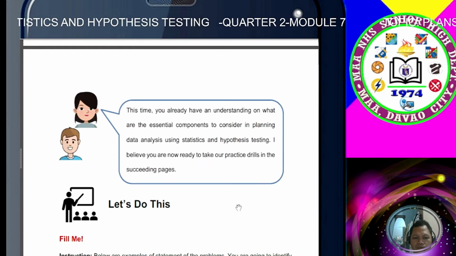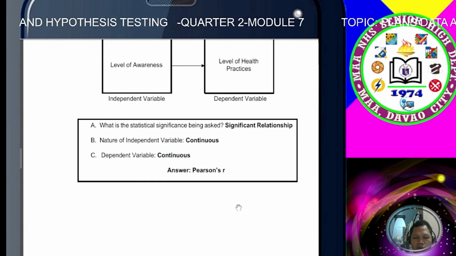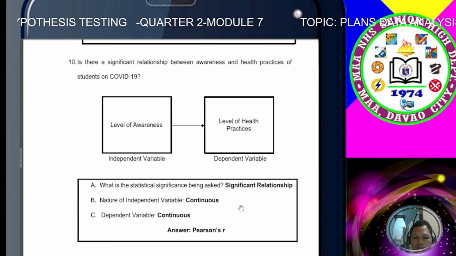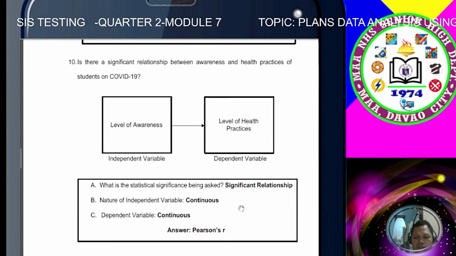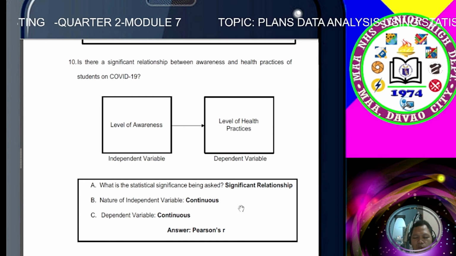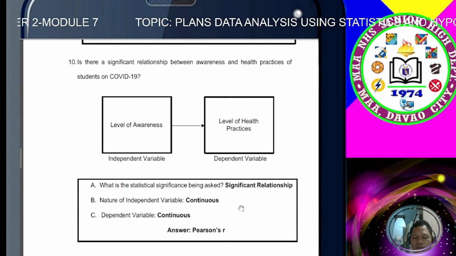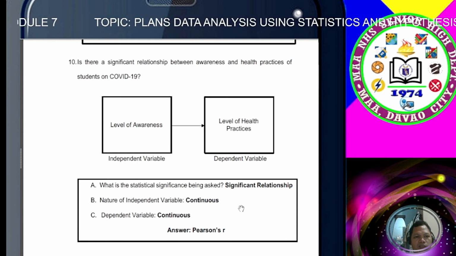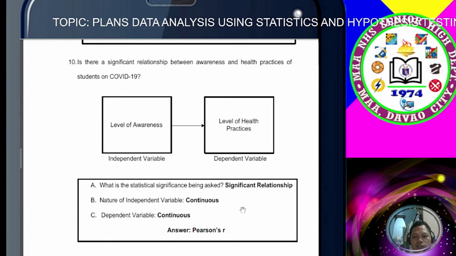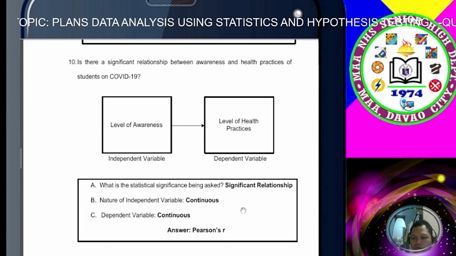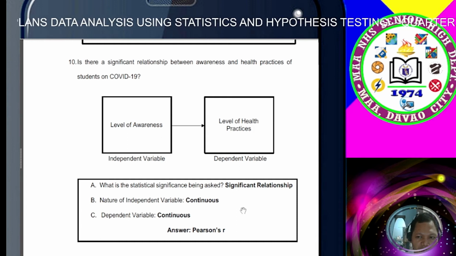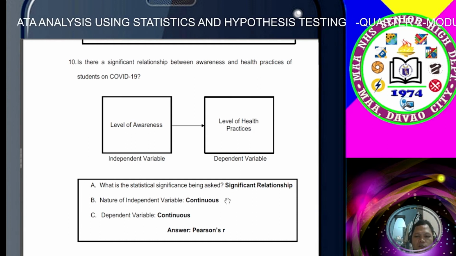Next. Okay, so I think you're already familiar with how to identify what type of statistical analysis you will use in your data. So I hope you already plan and learn how to use statistical software that will aid you in your computation.